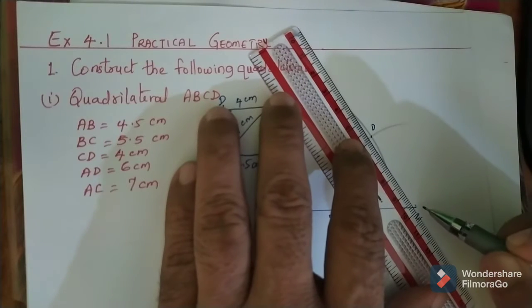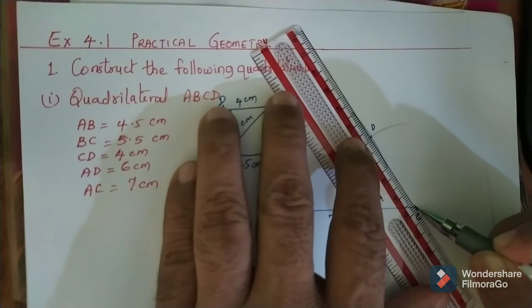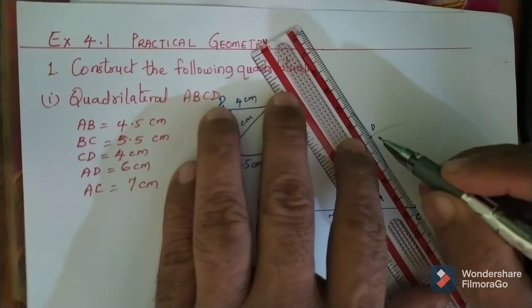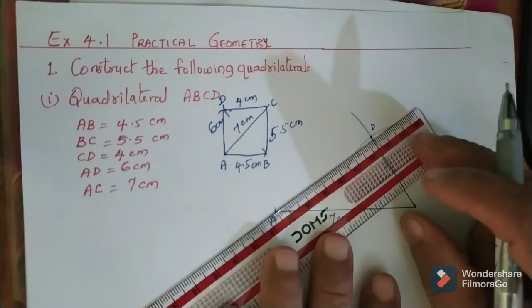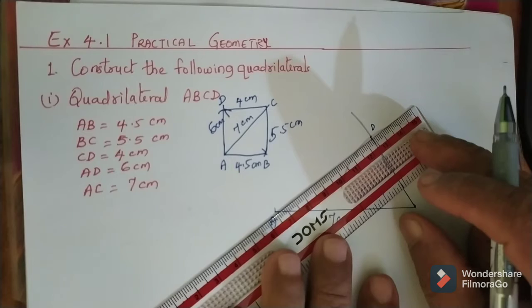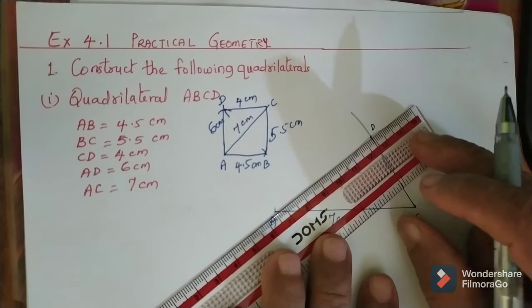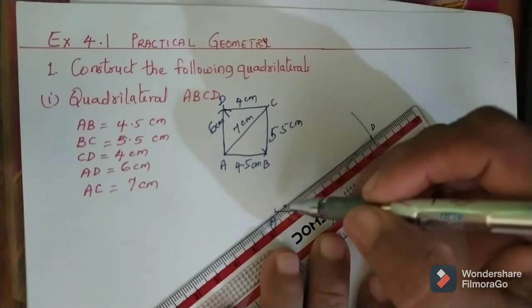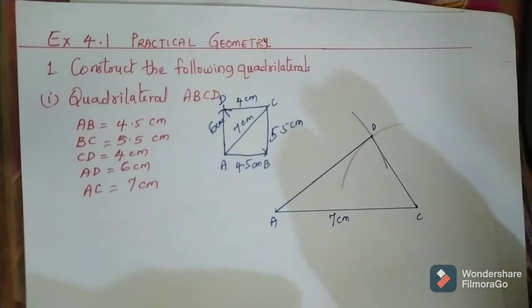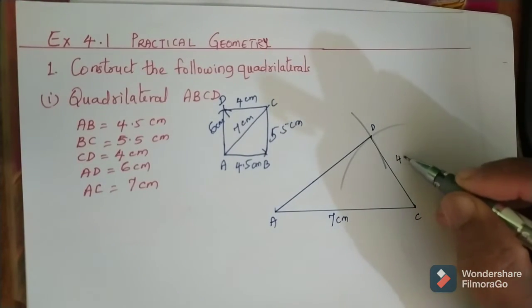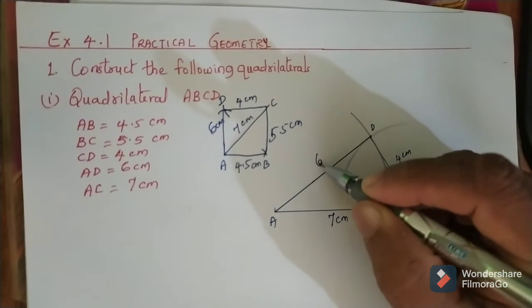So we will join CD and AD. This is 4 centimeters, this is 6 centimeters.